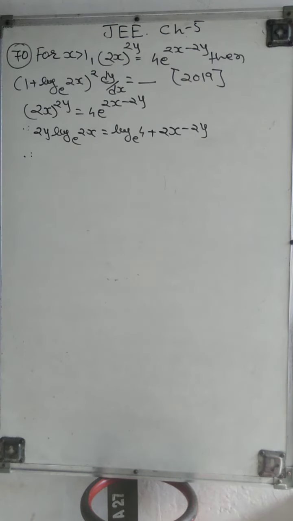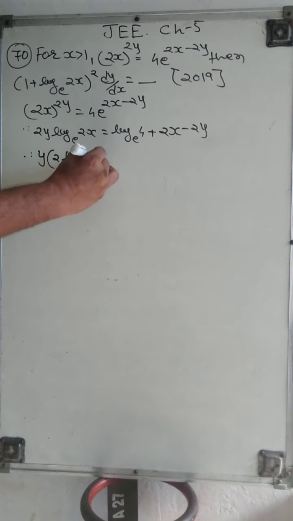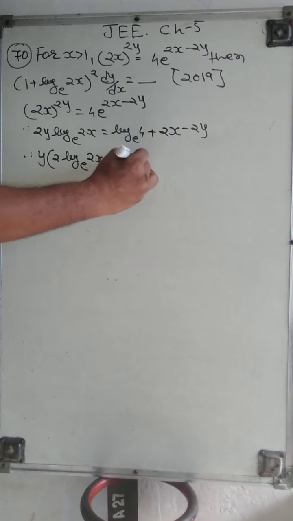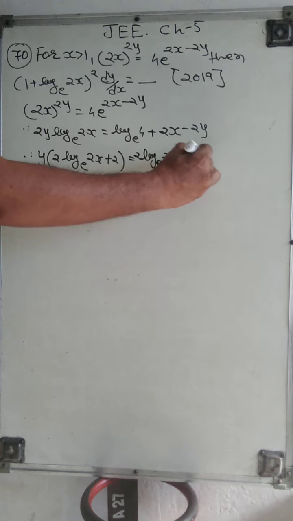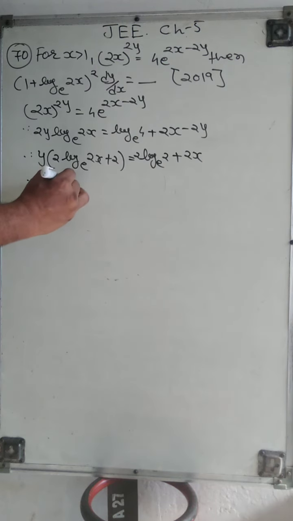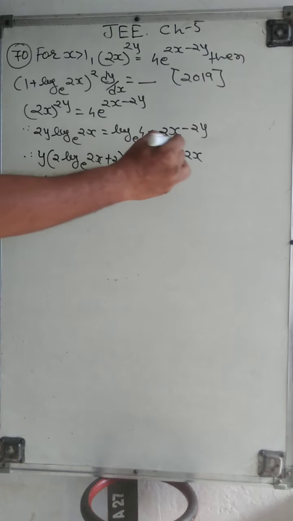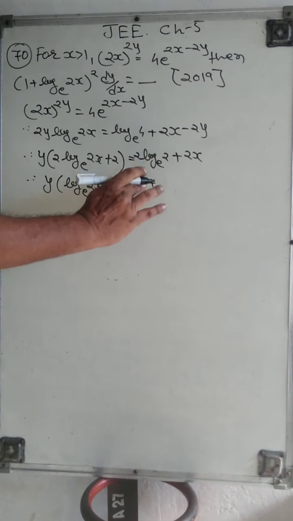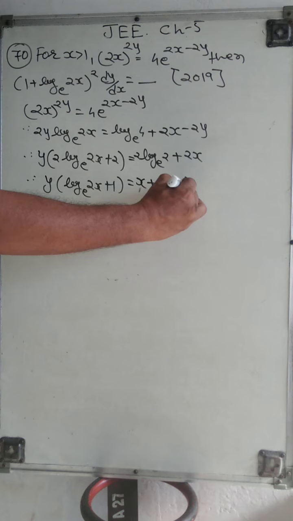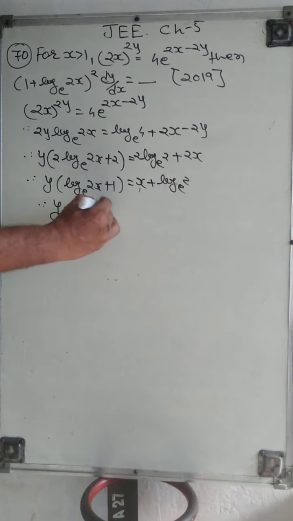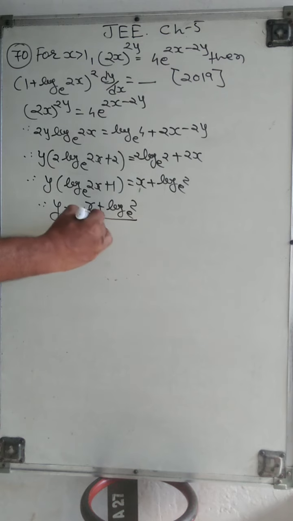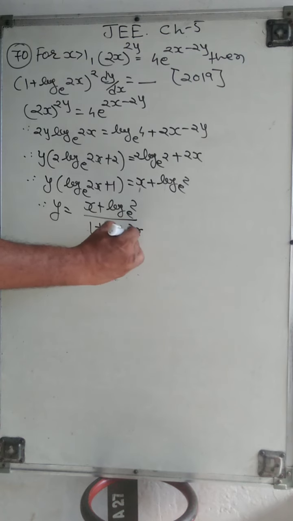Now we want to simplify here and we take the terms with y together, then y is common, then 2 log 2x to base e plus 2 is equal to log 2 to base e plus 2x, taking 2 common and cancel, log 2x to base e plus 1 is equal to 1 plus x plus log 2 to base e, or y is equal to x plus log 2 to base e upon 1 plus log 2x to base e, right?